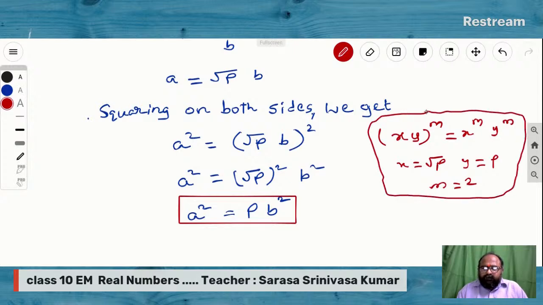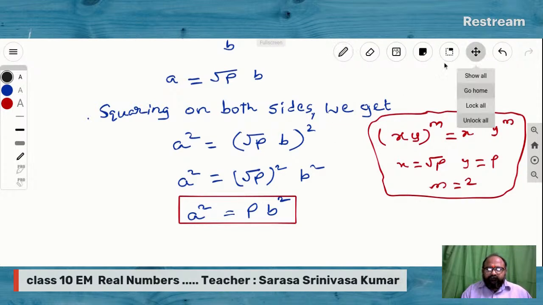So by using this formula, I have written this. So here a square equal to pb square. This implies pb square is divisible by p. Now we continue our mathematical argument from this.